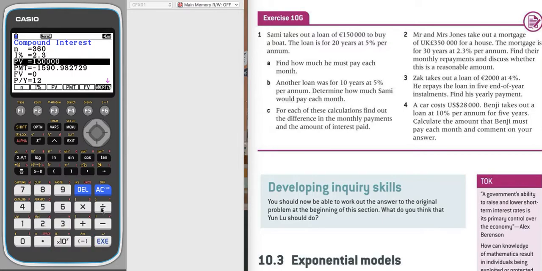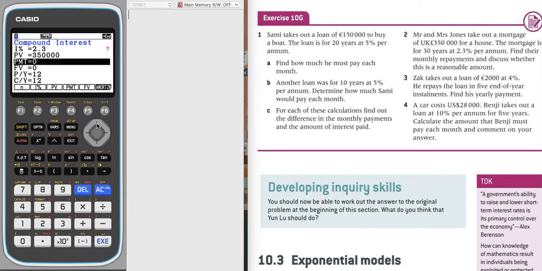Not too bad, but you'll see, it adds up. The present value of the loan is 350,000. And then the payment is what we're going to find out. The future value, hopefully, of your debt is 0. Payments per year, 12. And find the monthly repayments.